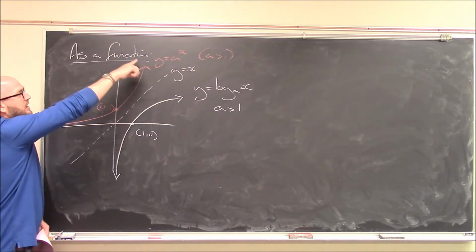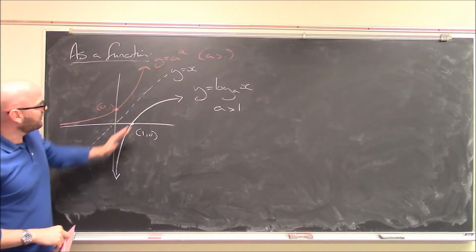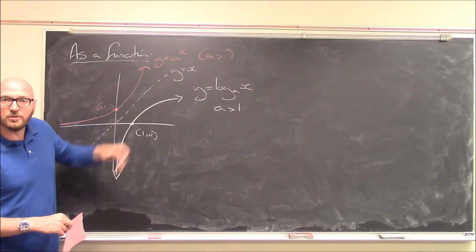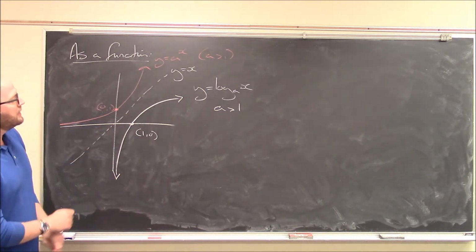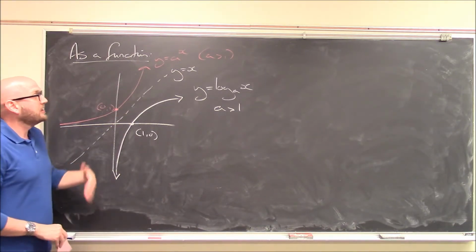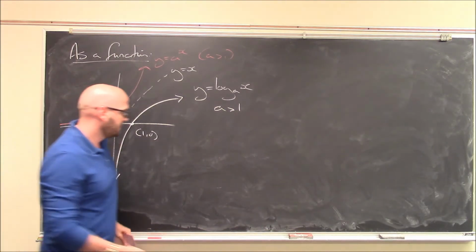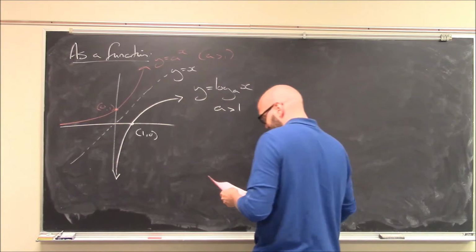This is the exponential graph. The log graph is actually a reflection through y equals x of the exponential graph. So there's an interesting relationship there, and it's precisely because, once again, these are inverse operations. They undo each other. That's why this is happening.